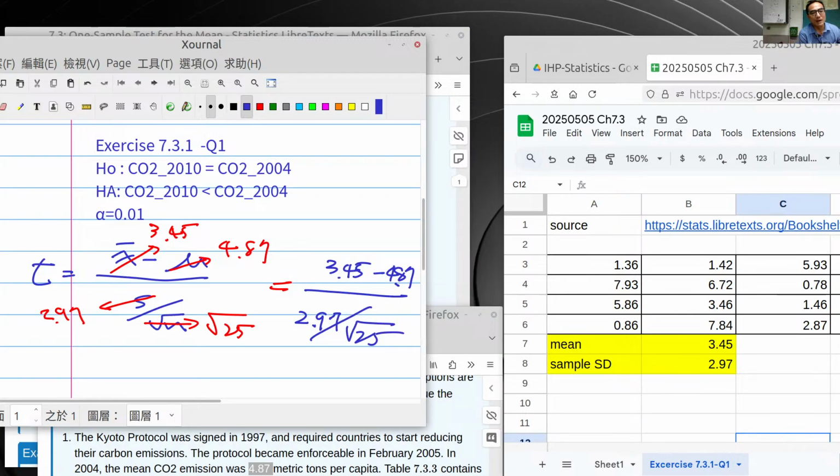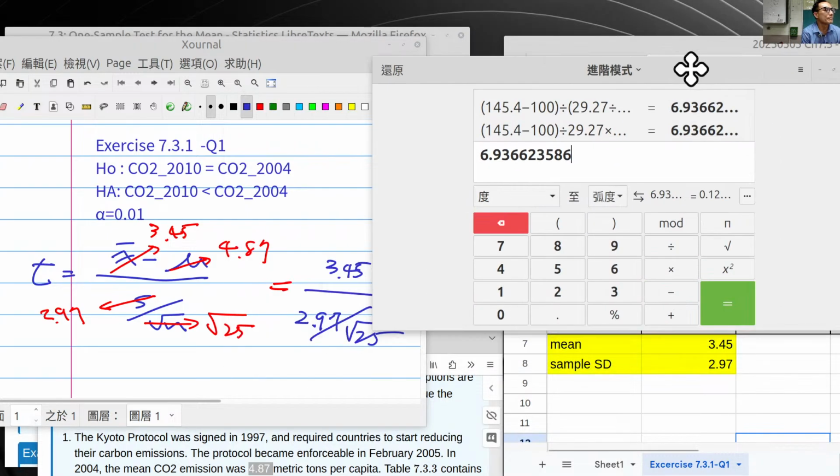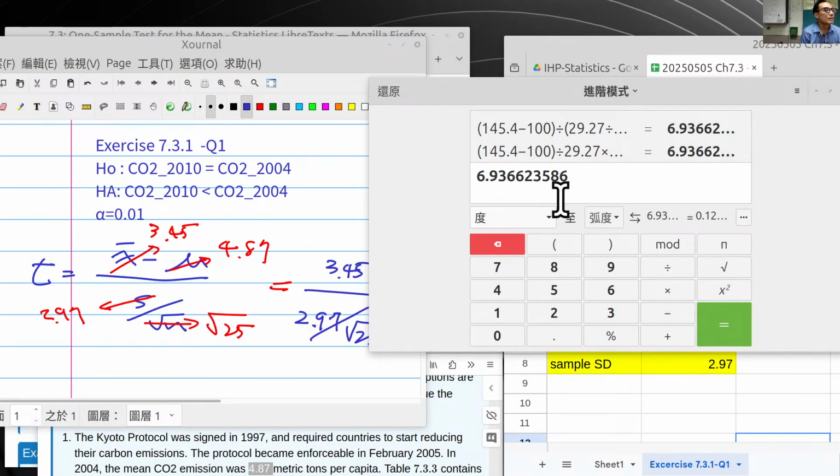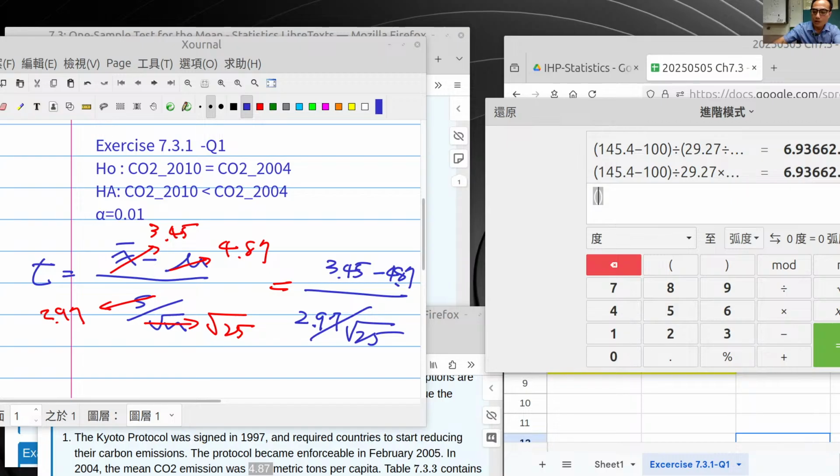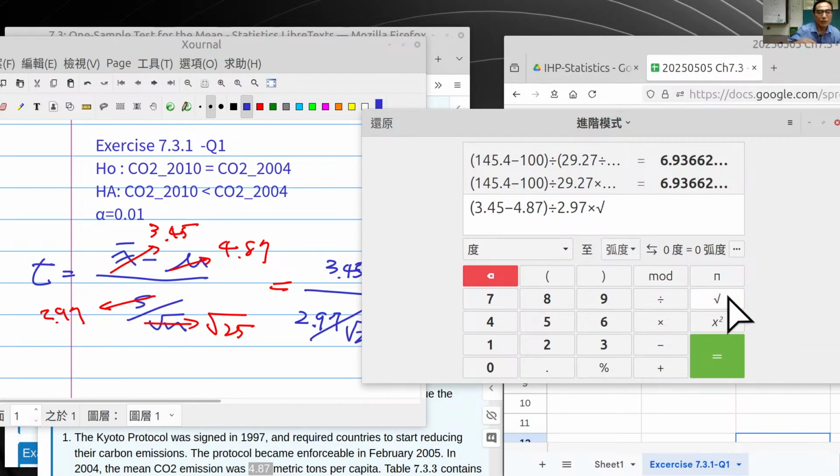Okay, how to calculate this one? Similar way: 3.45 minus 4.87, divided by 2.97 over the square root of 25. Okay, get it?